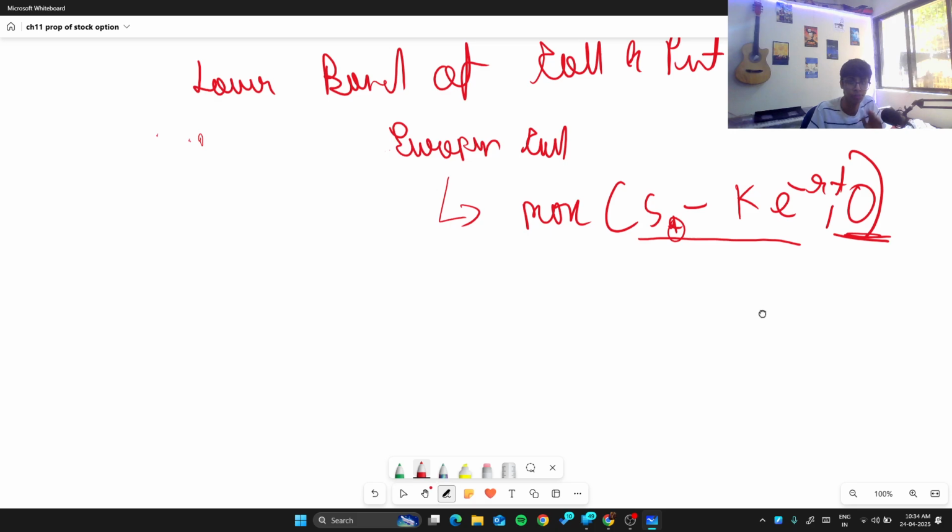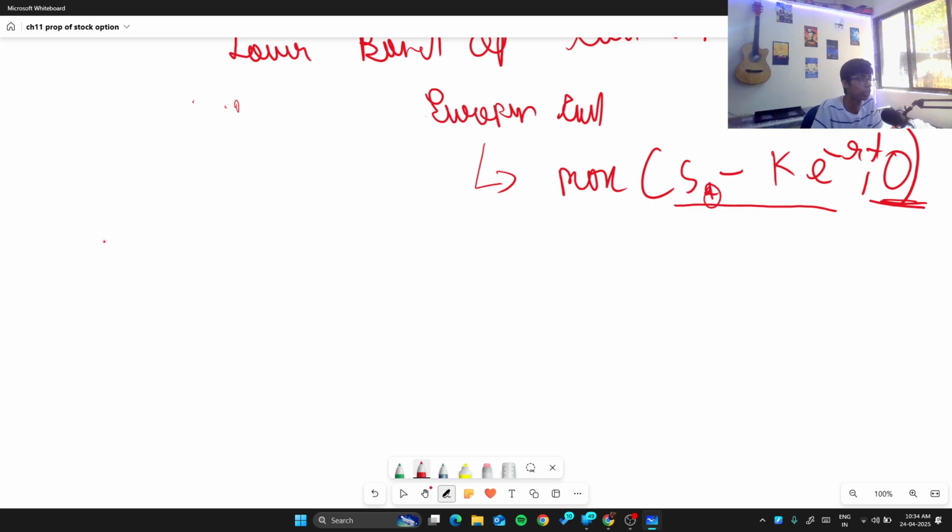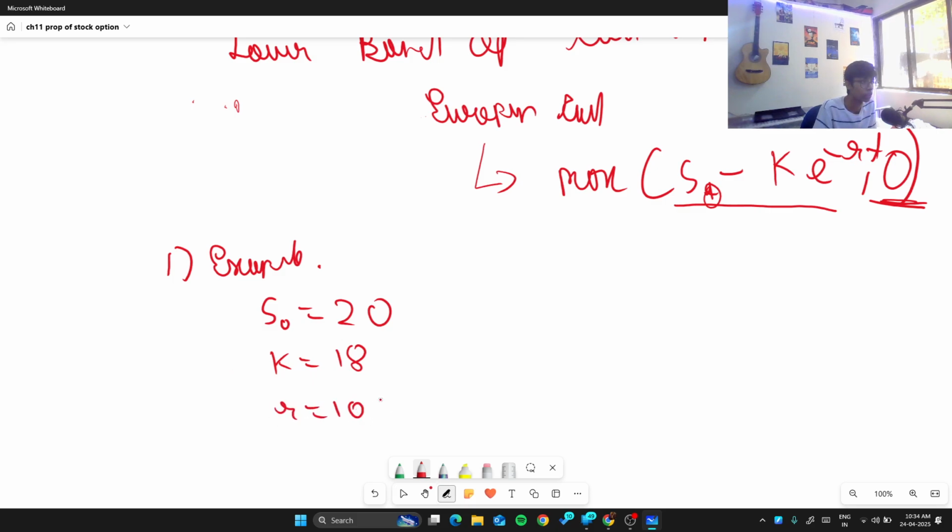Let me explain in two ways: first with an example, and second with portfolio construction. First, the example. Suppose the current stock price S0 is 20, the strike price is 18, the interest rate is 10%, and T, the time to maturity, is 1 year.